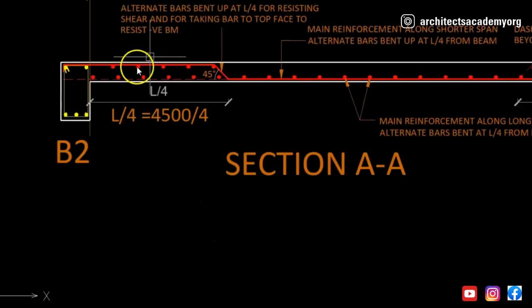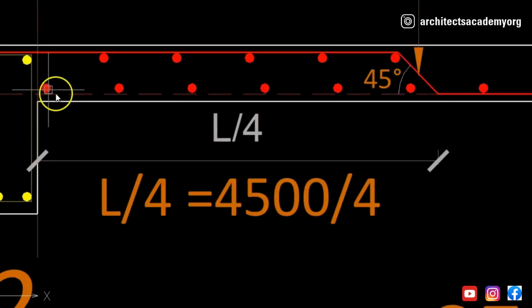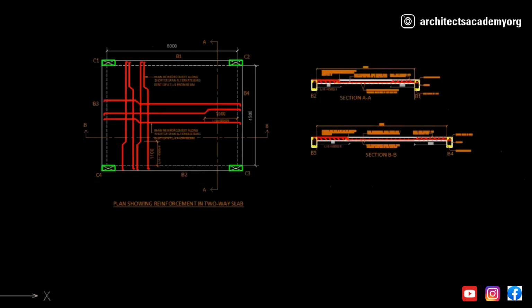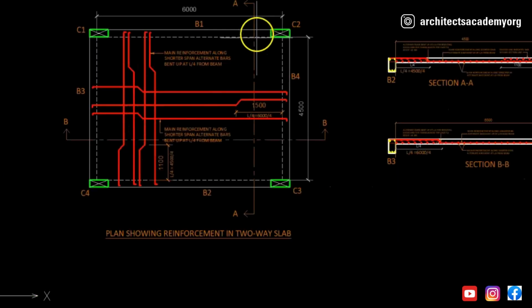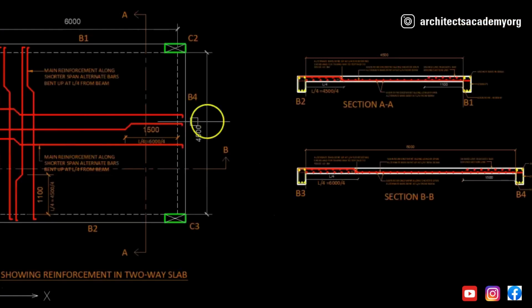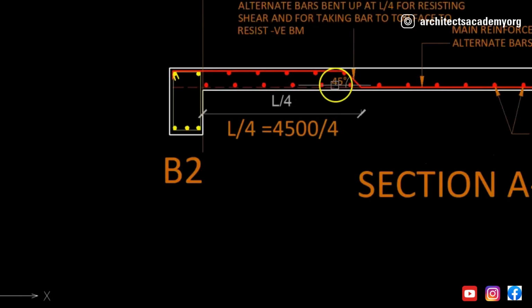The rest of the reinforcement, as you can see, is these red colored dots. This is the reinforcement coming along the other direction. For example, in this section AA, whatever bars are getting cut here are being seen in the form of these red dots.